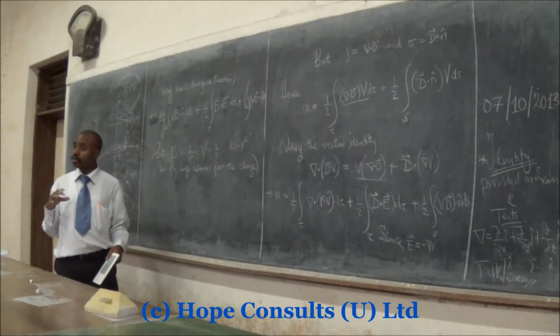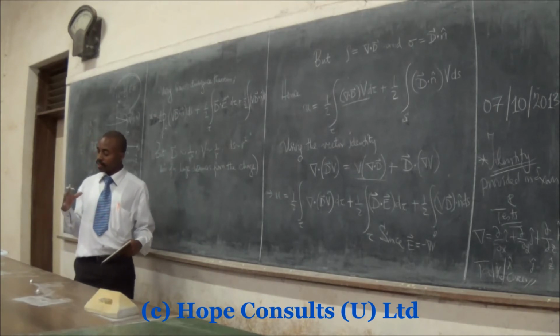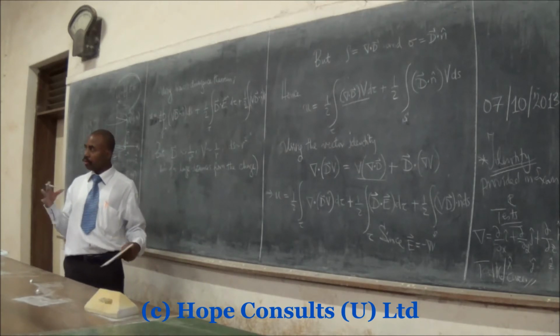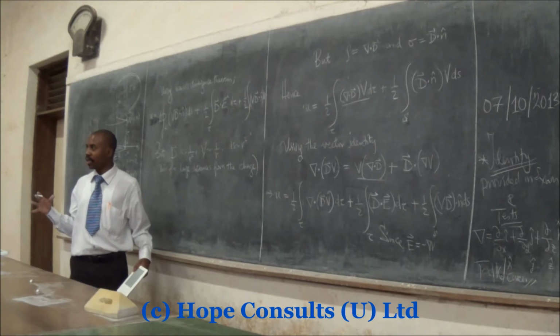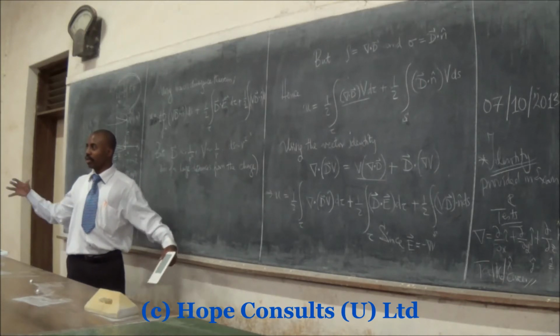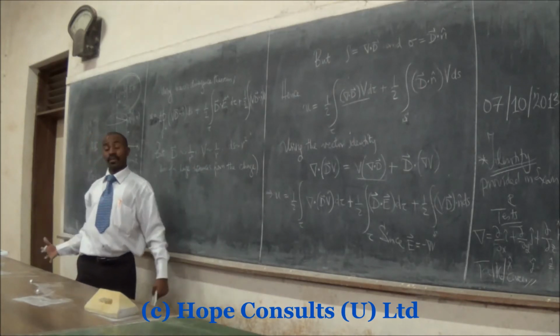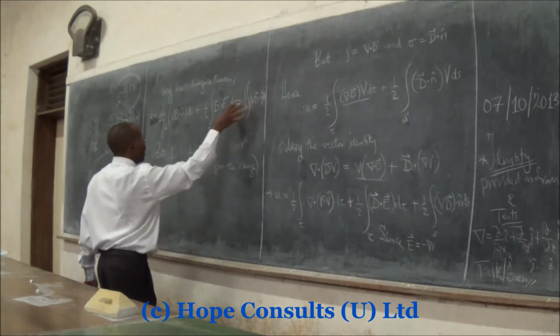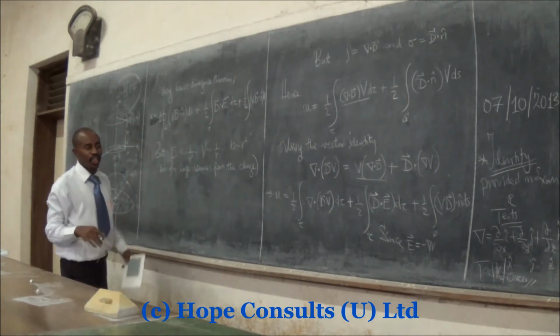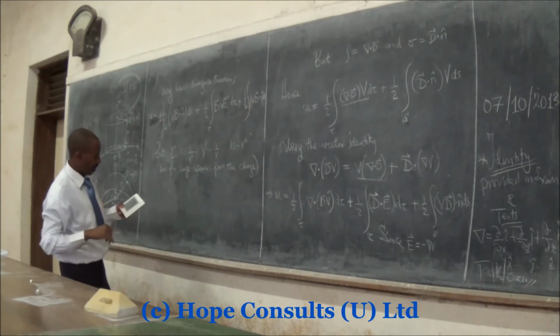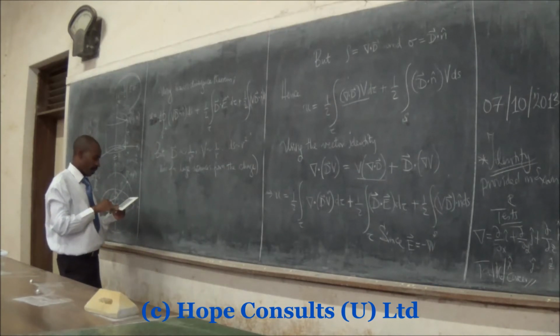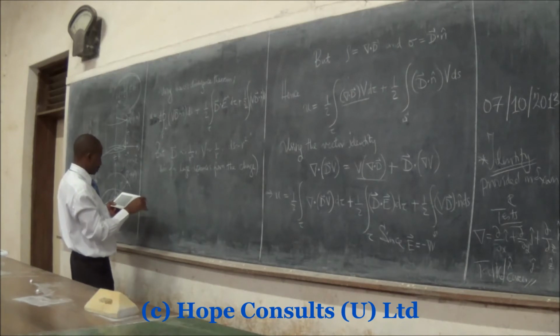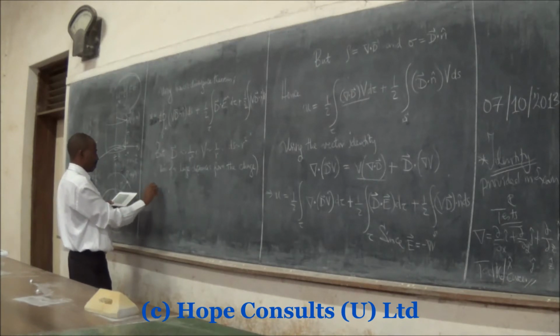Just like when we took the radius r to be so huge by taking the Gaussian surface to be as large as possible. If that happens, then we get this and this diminishing to 0.